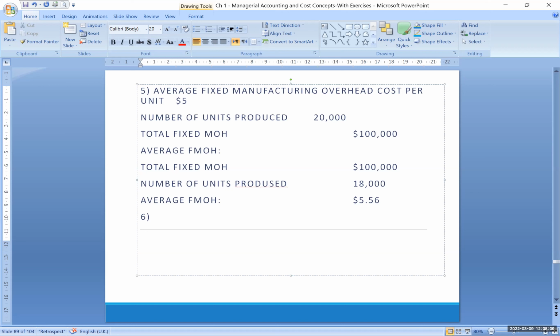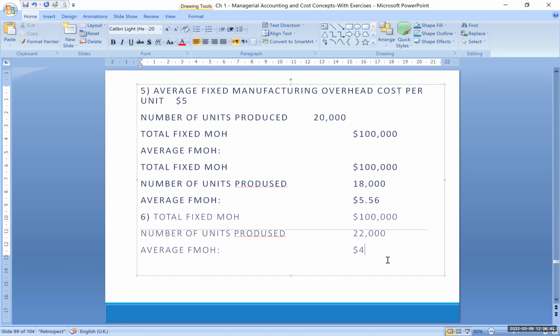Now be careful, or let's move to 6 just to stress the meaning of the average fixed manufacturing overhead. If we produce more than 20,000, we still have to pay the 100,000. So number 6, the question is, if we produce 22,000, what is the average fixed manufacturing overhead per 1 unit? So we will divide the 100,000 here by the 22, not by the 18, and the answer will be less.